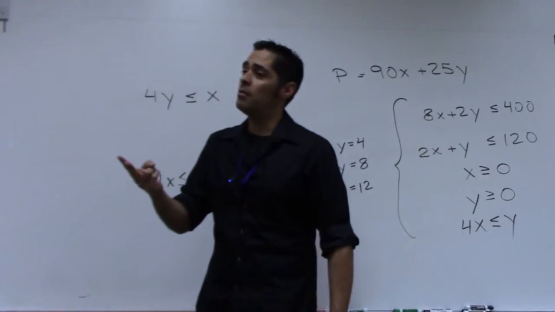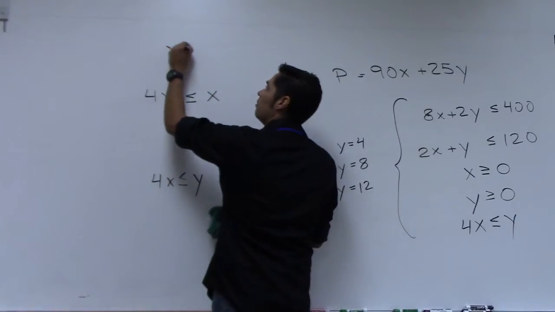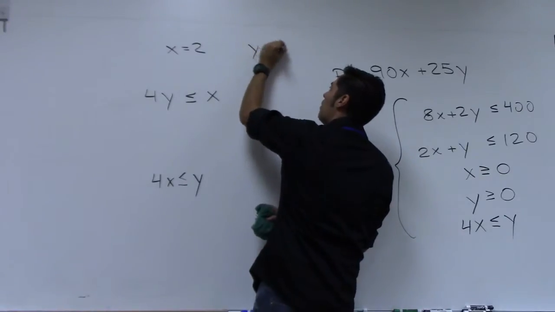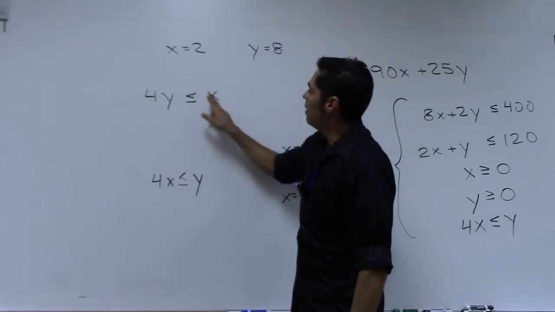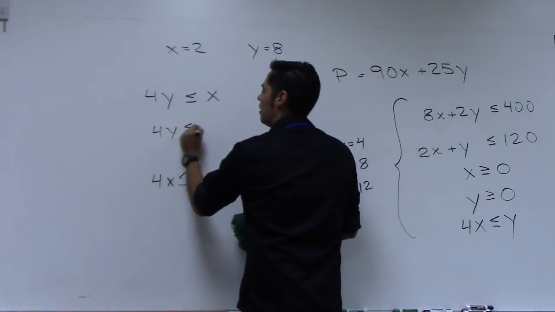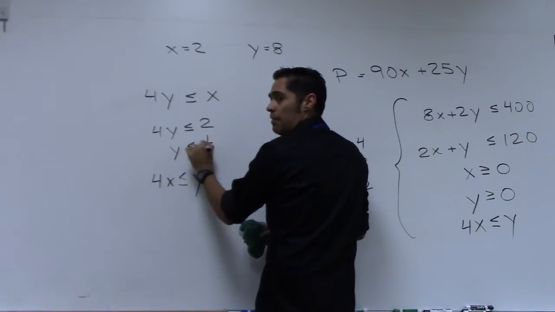Two. How many chairs do you think we should have for that? Okay, so you want X to be 2, and you agree with me that Y should be 8 or bigger. Let X be 2 right here, and you would get 4Y less than or equal to 2. Divide both sides by 4, you get Y is less than 1/2.